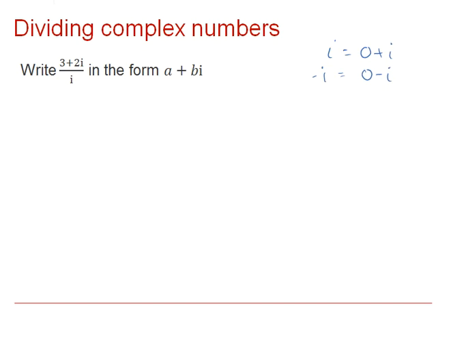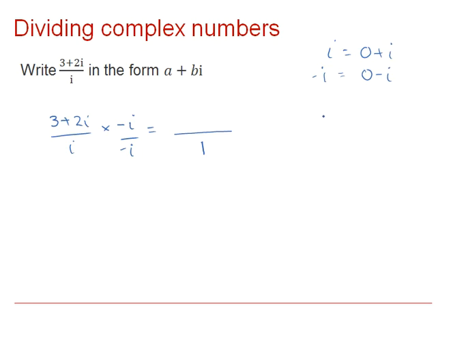In a similar manner as to rationalizing denominators and surds, we will then multiply this fraction, or 3 plus 2i divided by i, top and bottom, by minus i. Thus, on the bottom, we will have just a 1.